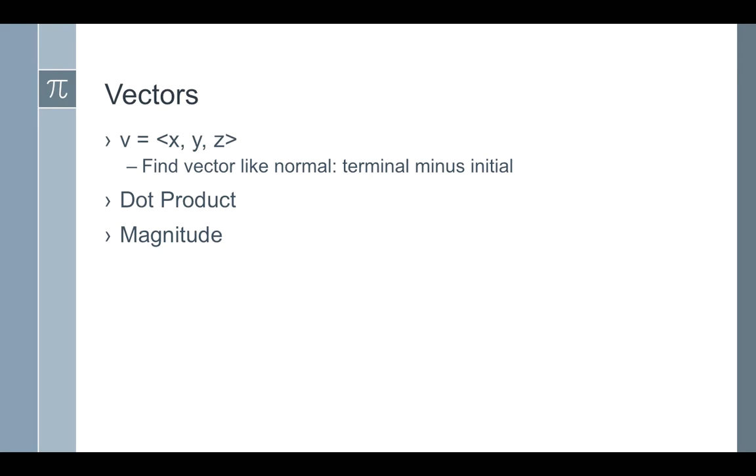You always find a vector like this: when I tell you to find the vector from 1, 3, 7 to 2, 7, negative 2, 6, this is my initial, this is my terminal. So I need to do terminal minus initial to get the vector: 7 minus 1 is 6, negative 2 minus 3 is negative 5, and 6 minus 7 is negative 1. That is the vector going from initial to terminal.